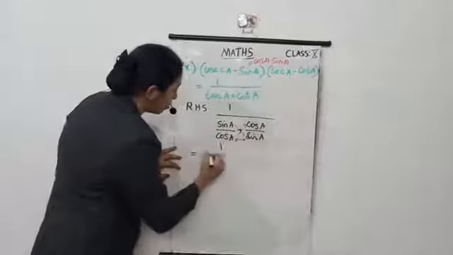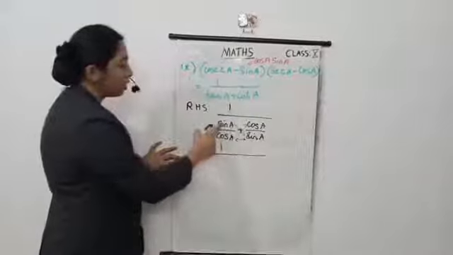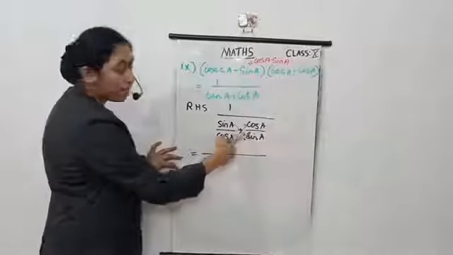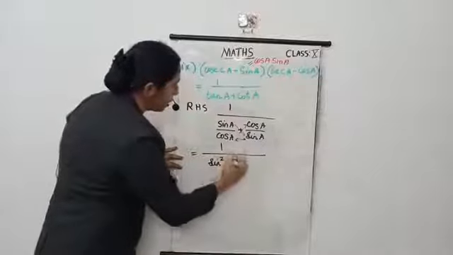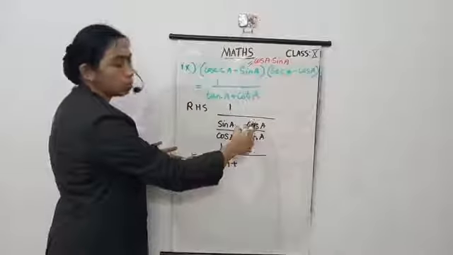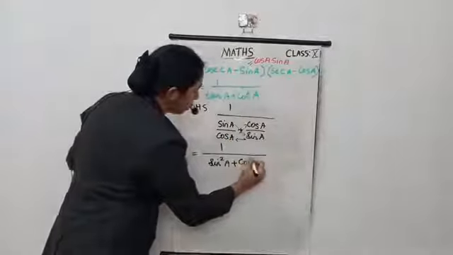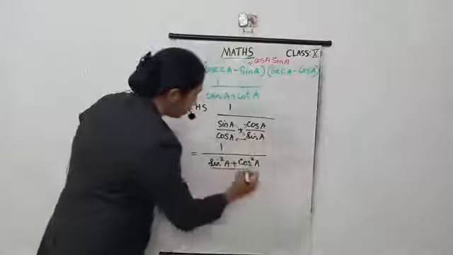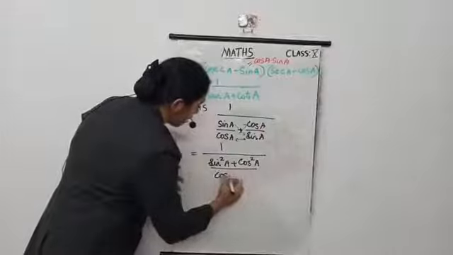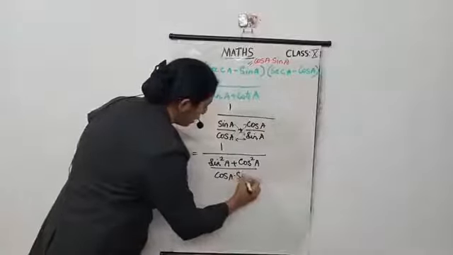So this is equal to 1 by sin A into sin A is sin square A, plus cos A into cos A is cos square A, divided by cos A into sin A.